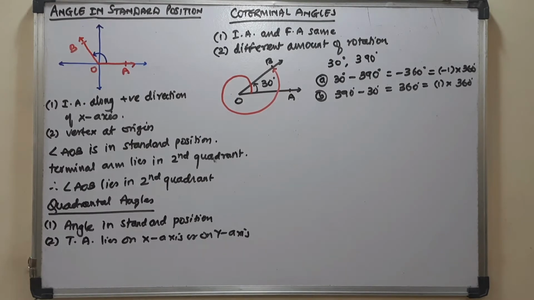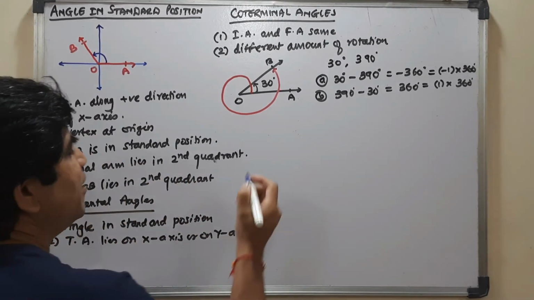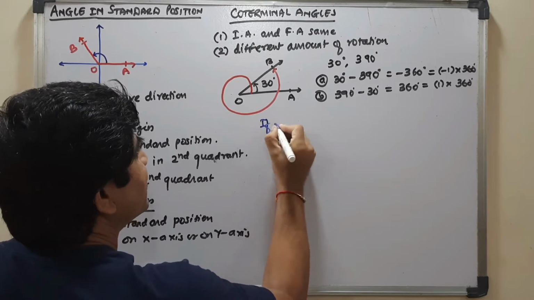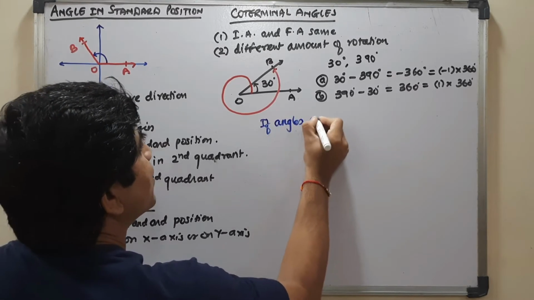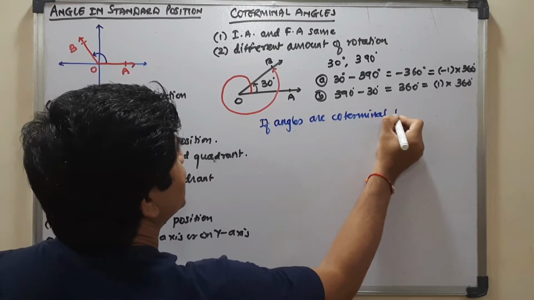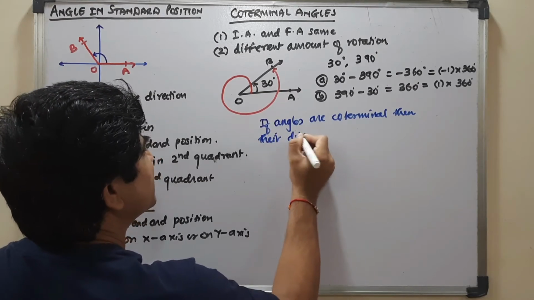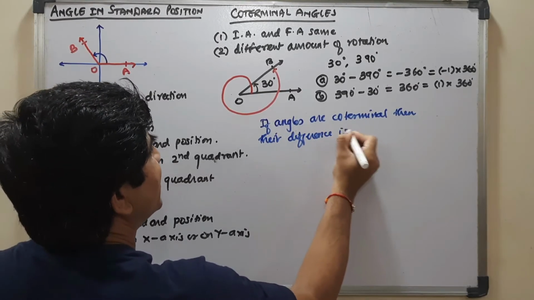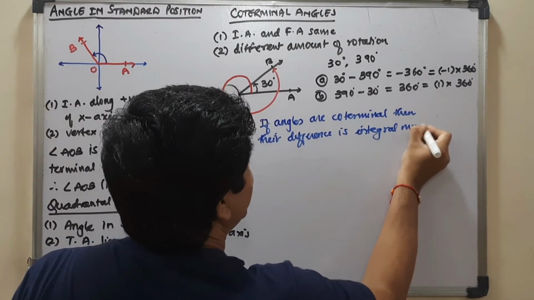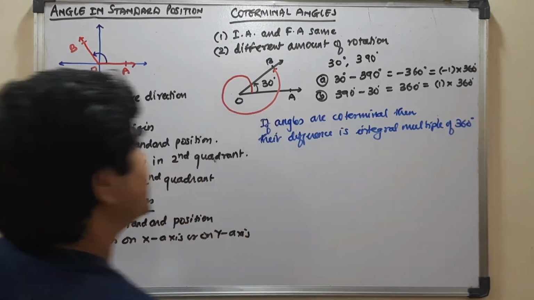So I can make a conclusion over here that if angles are coterminal, then their difference is an integral multiple of 360 degrees.